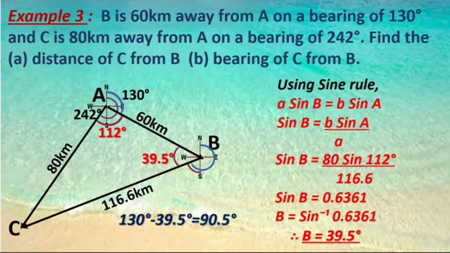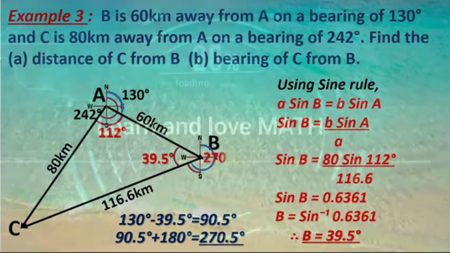So, my alternate angle, which is 130 degrees, minus angle B, 39.5 degrees, I will have 90.5 degrees. If I add it to 180 degrees, I have 270.5 degrees. And that is our final answer and the bearing of C from B.